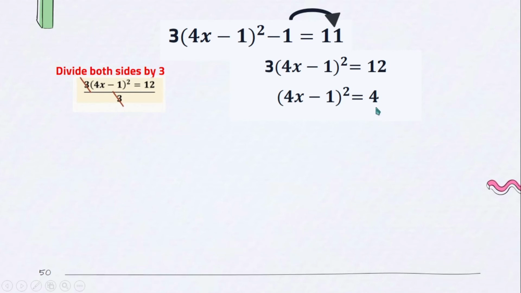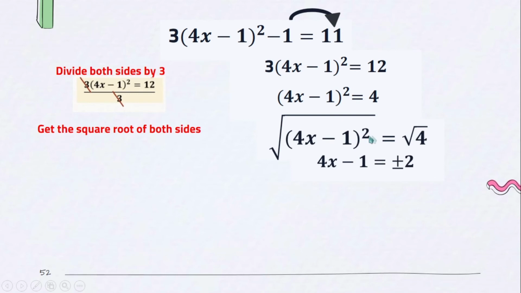The next step is to get the square root of both sides. So, we will have the square root of the quantity of 4x minus 1 squared is equal to the square root of 4. So, the square root of this is 4x minus 1 is equal to positive or negative 2. So again, since our 2 may be positive or negative, we will have again two equations.